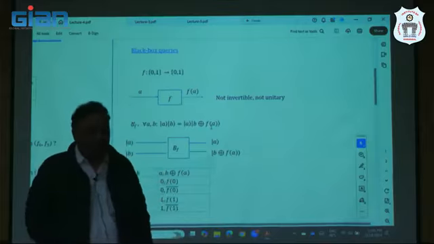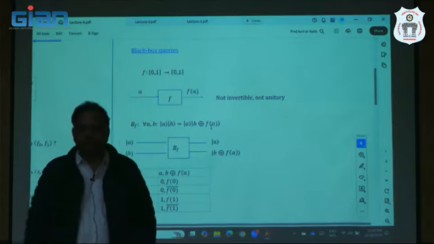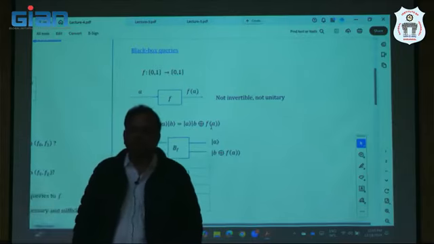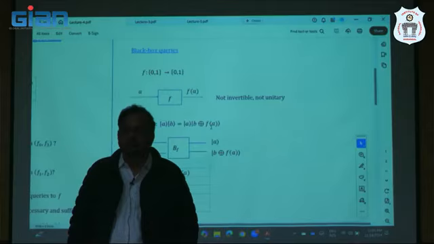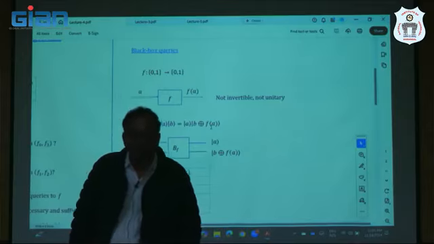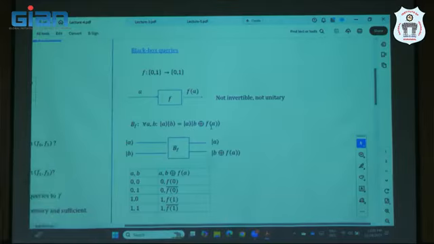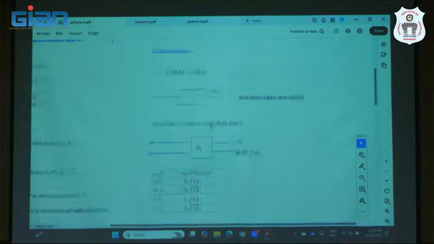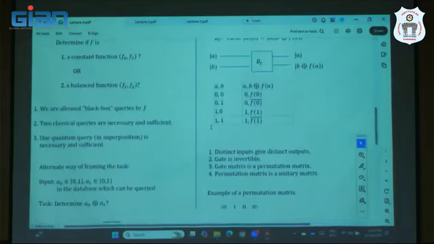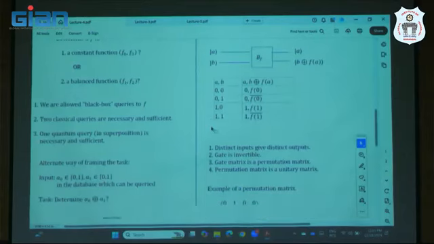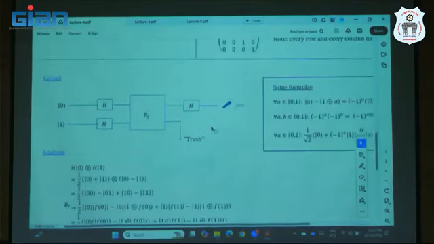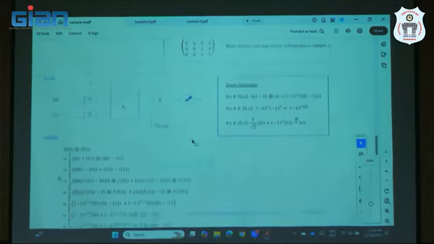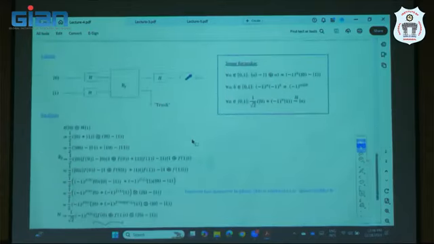The actual circuit we will see. So here is the circuit, and then we will go through the analysis slowly.